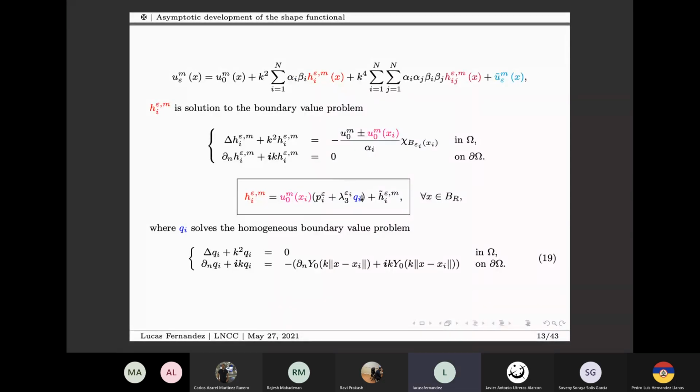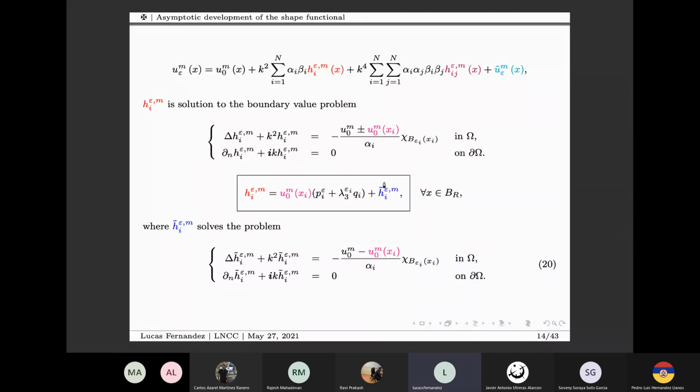Next, the function qi is the solution to the boundary value problem 19, which is constructed in order to compensate the discrepancies introduced by the function pi epsilon on the boundary of the domain omega. This function does not depend on epsilon, and the problem itself is numerically solved in our algorithm.